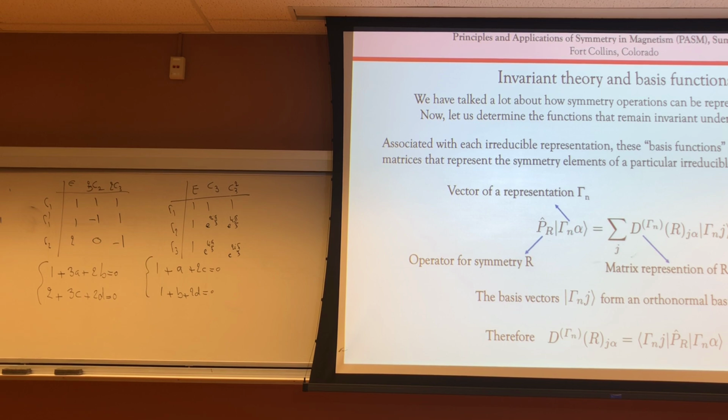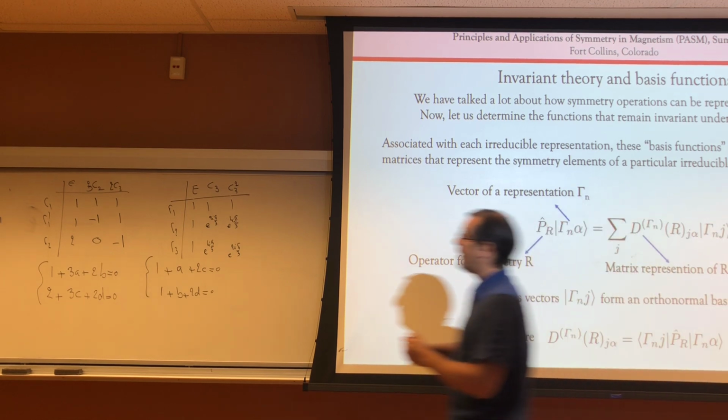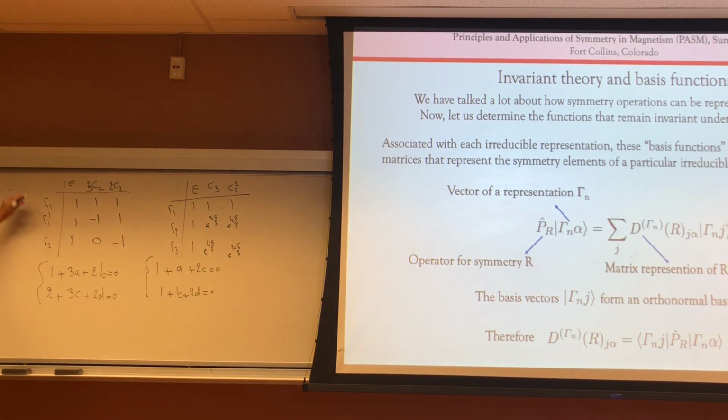You can picture it as a basis over which you express all the transformations of your system. You have matrices, and those matrices have eigenvectors. So you could ask the question, do I actually have an eigenvector of my representation? Basically, what are the functions that are left invariant by this representation, or by this one, or by this one? So we want to know functions.